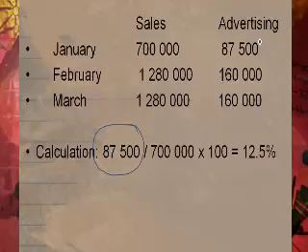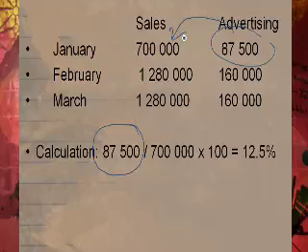Take 87,500 over your 700,000, which is your sales figure, multiply it by 100 over 1 to give you a percentage, and you find that the proportionate percentage is 12.5%.